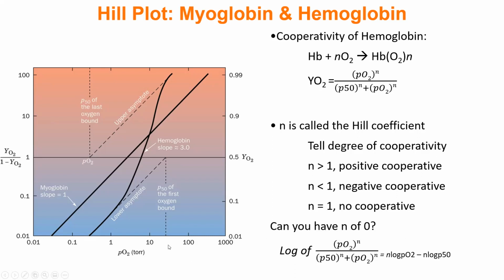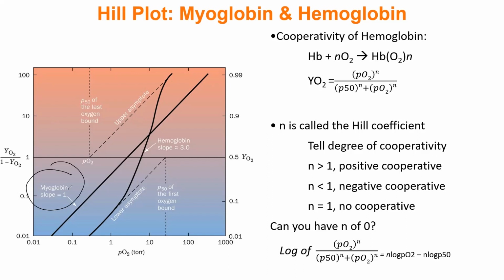And the x-axis is the ligand concentration you're interested in. For hemoglobin and myoglobin, we're binding oxygen, so that's why we have pressure of oxygen on the x-axis. Then, after you plot your data, you measure the slope of the line, all right? If we look at myoglobin's data, which is this straight line, the slope is 1.